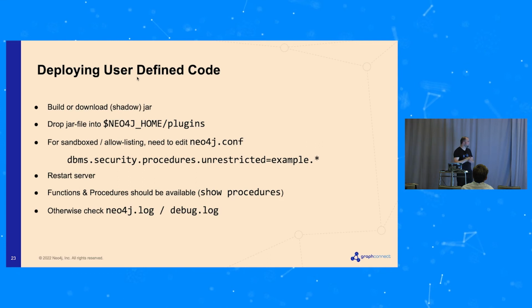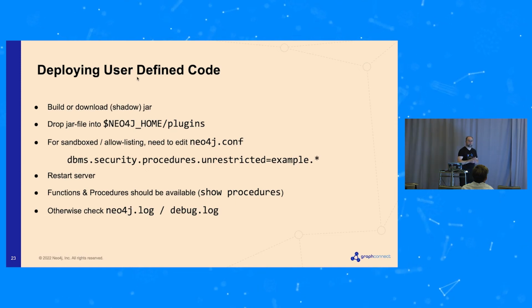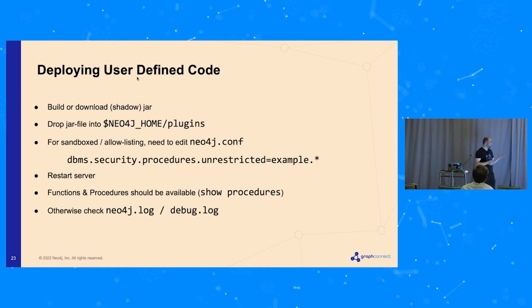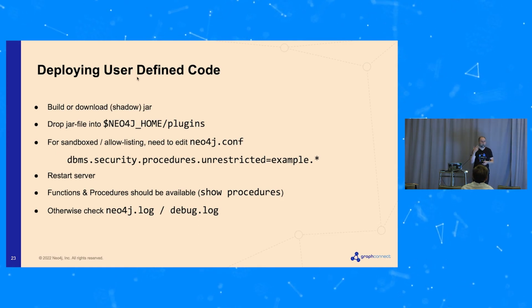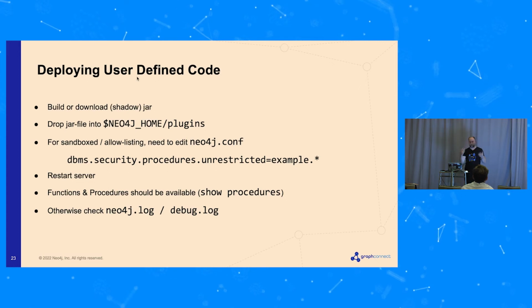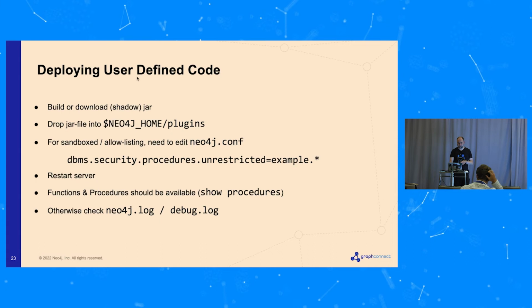And then restart the server and then they're available as such. Cool. One reason why procedures or functions are sometimes not loaded is missing dependencies. So that's a good way to check in the debug log if the server complains about anything that's missing, tries to load something and it's missing, then you usually see that you forgot to add a dependency to your code base.